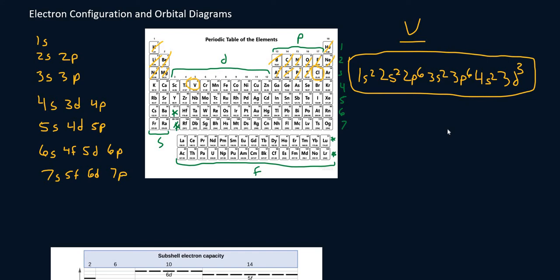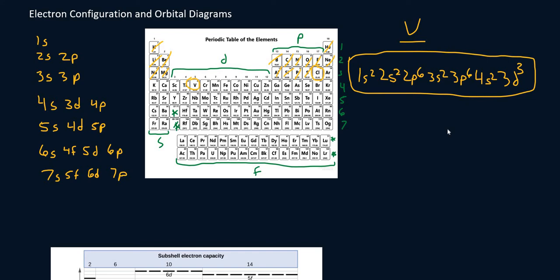So as you get to the bigger elements in the D block and in the F block, you're going to want a shorter way to write these electron configurations. And that's why we have the shorter version, which is sometimes known as the noble gas configuration.